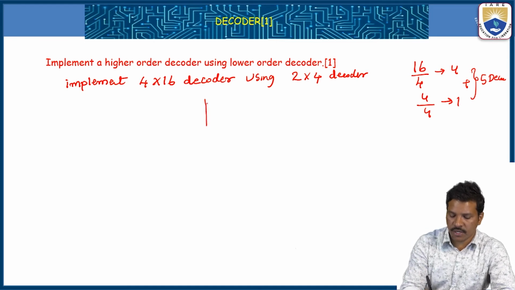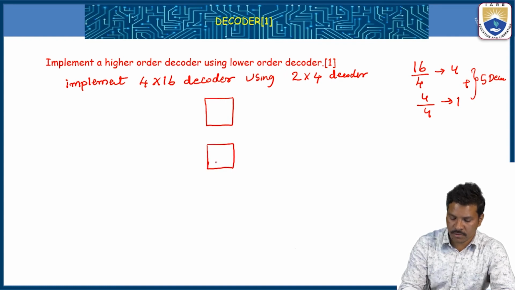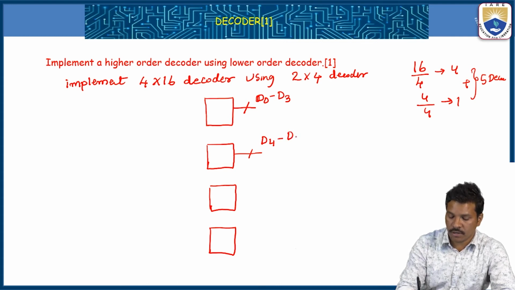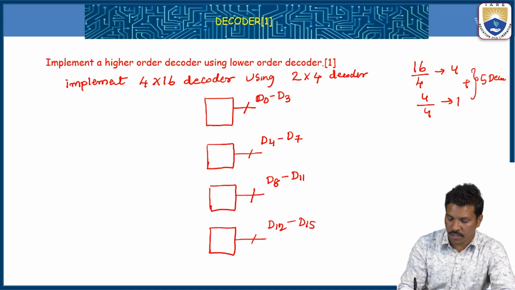Let us arrange those 5 decoders. First take these 4 decoders. These 4 decoder outputs are D0 to D3, D4, 5, 6, 7, this decoder D8, 9, 10, 11, and 12 to 15.